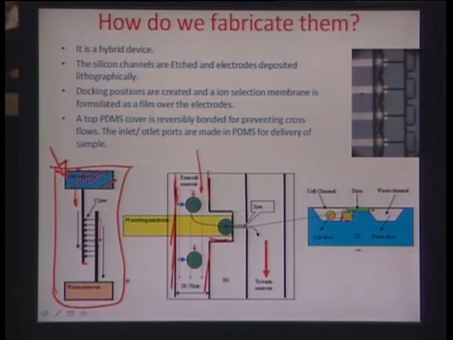So, this channel is blocked in one end and emanating out of the cell reservoir, and there are these docking stations, these small 15 microns by 15 micron docking stations in silicon which can dock a cell like this. Okay. And following this, there is a very small channel which is lower than the size of the cell, but can essentially flow the fluid which is carrying or transporting this cell to this docking station.